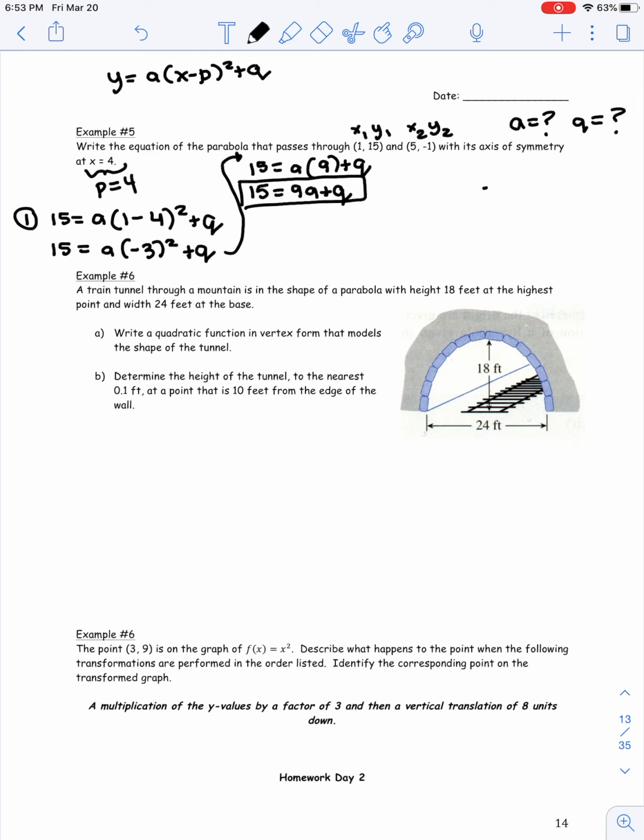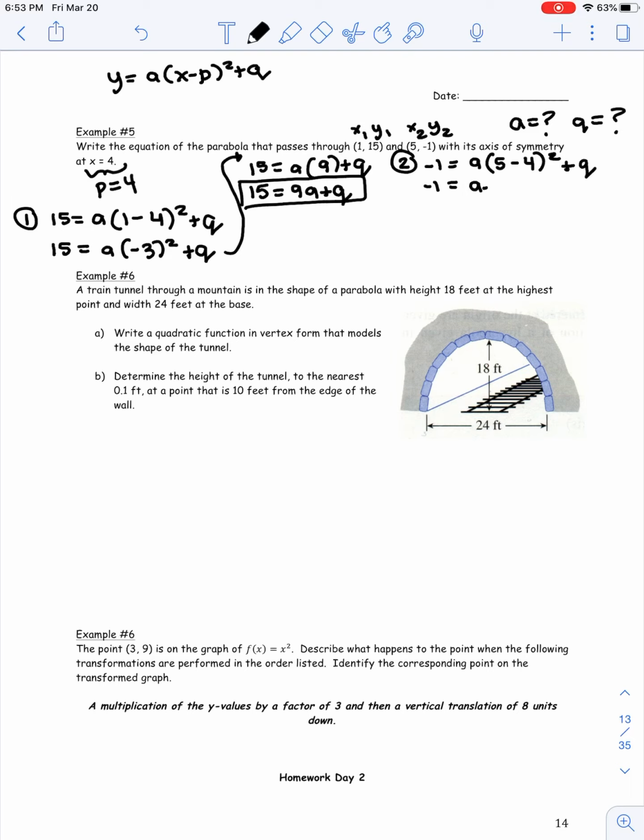Now we have to repeat that for point 2. So we're going to put negative 1 equals a times 5 subtract 4, which is our p, squared, plus our q value, which is unknown, so we write q.